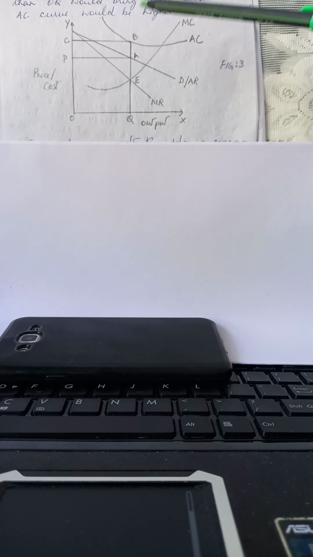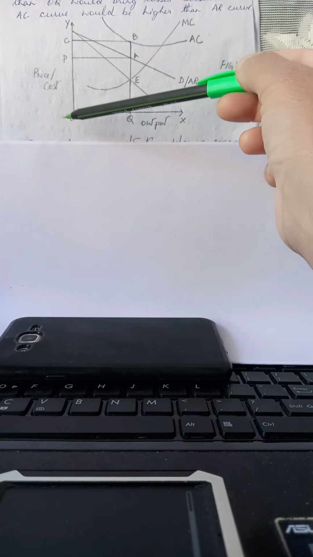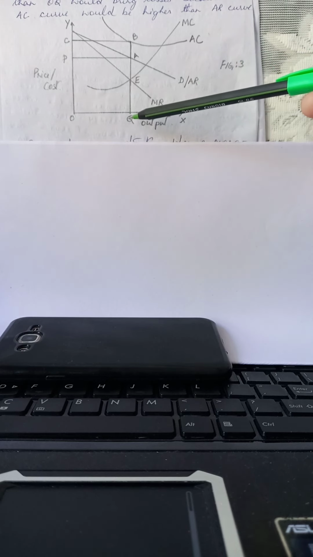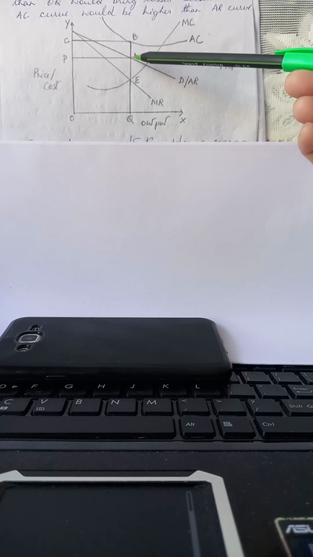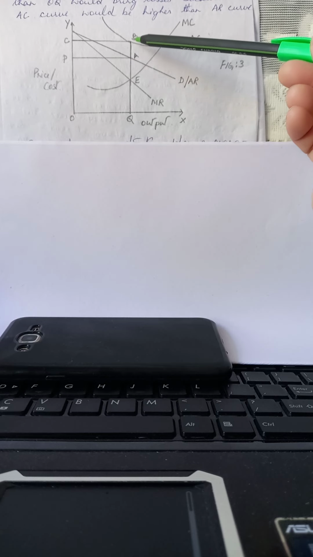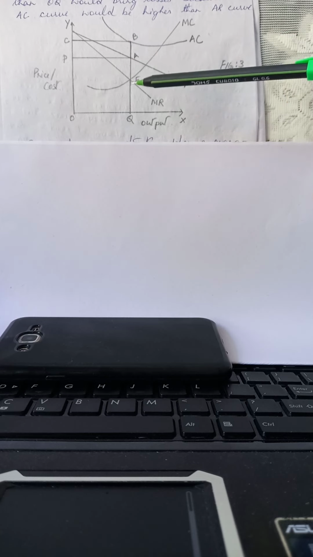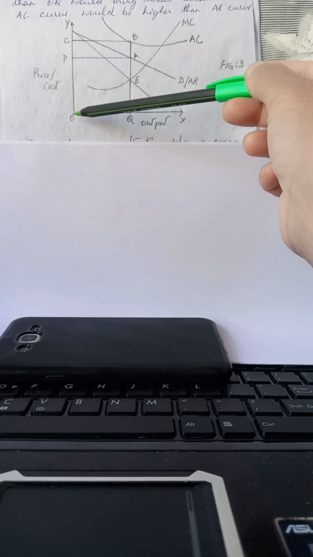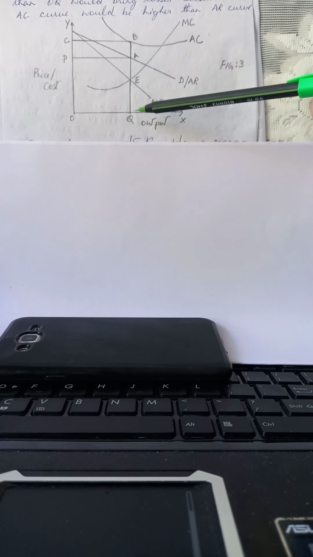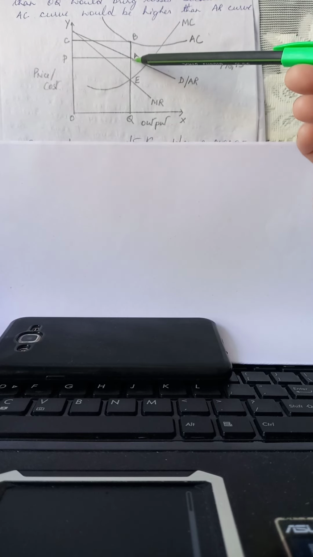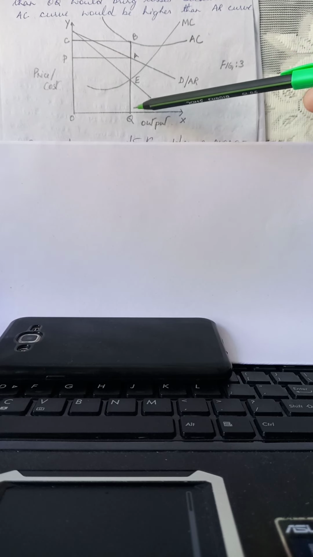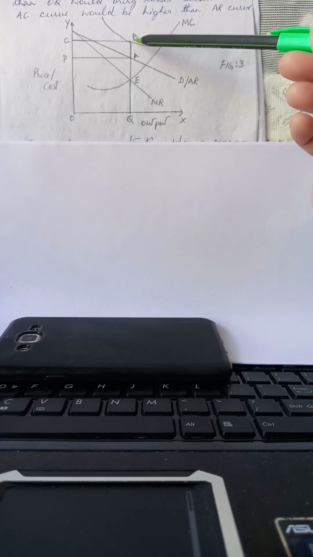He produces OQ as his output, charging QA as the price. His average cost, how do we get that? We extend upwards towards the AC curve. So this monopolist is producing OQ as output at what price? QA as a price or OP. How much is his average cost? His average cost is QB.